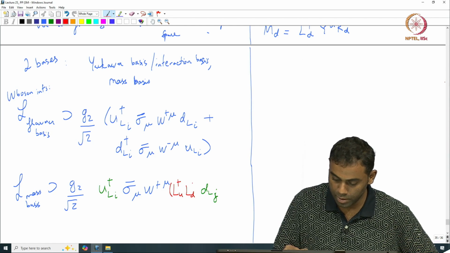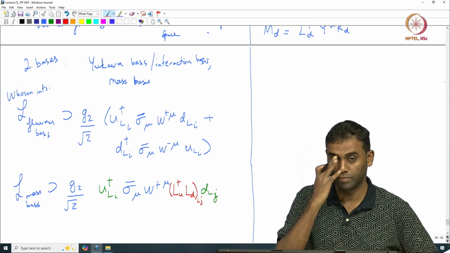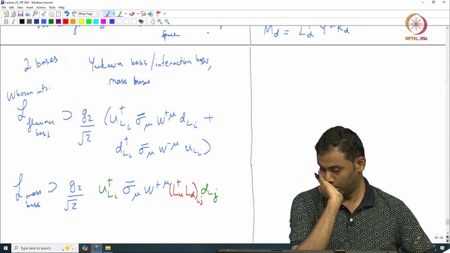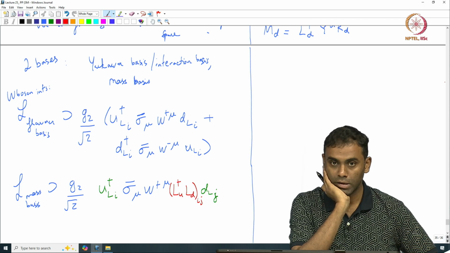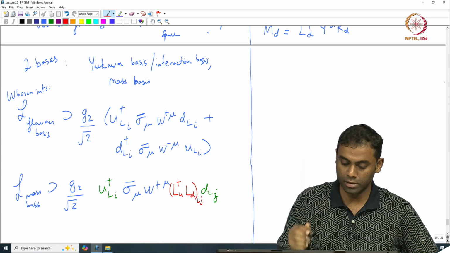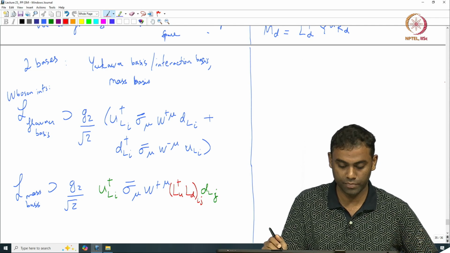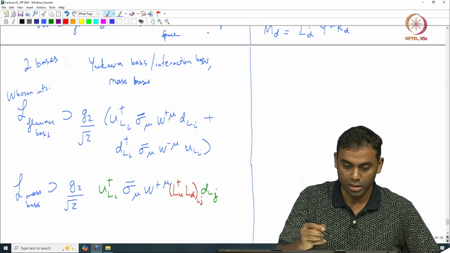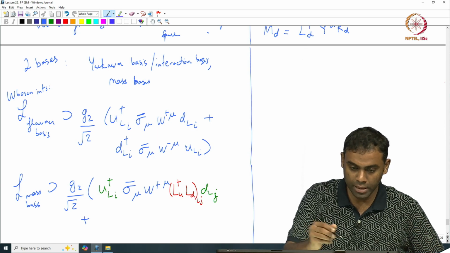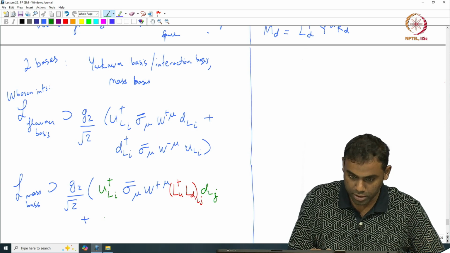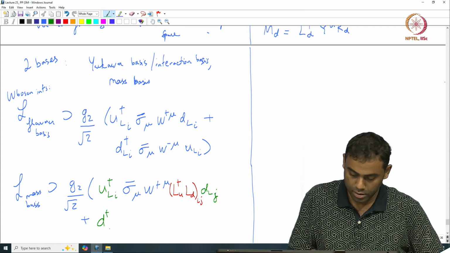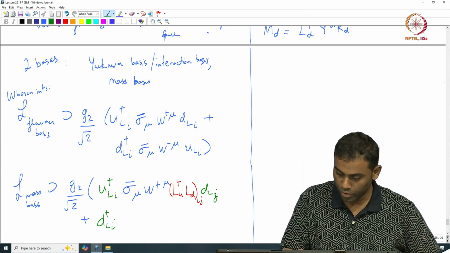And now, since I am multiplying both these matrices, I have an IJ, right. It is the product of this, which is the matrix I have to consider when I sandwich it within the fields. Agreed? So, that is the first term. The second term is again in the mass basis, I am going to write with a green color dLi, okay.